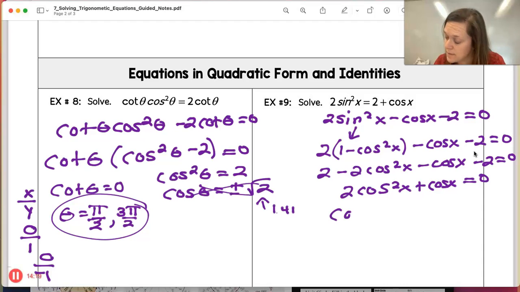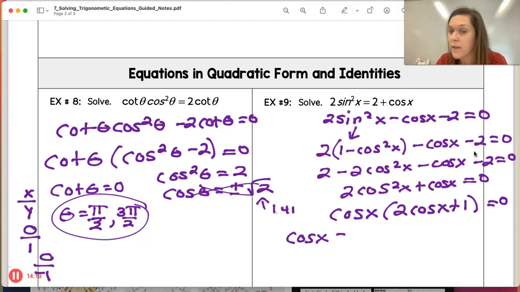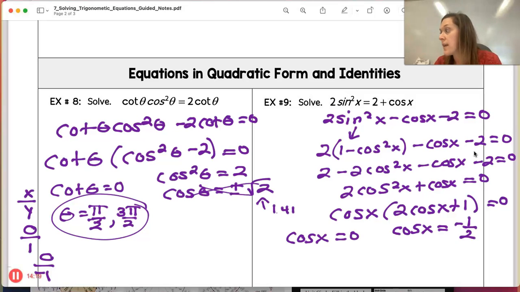Factor out a cosine. Gets you 2 cosine x plus 1 inside. So now using your zero product property, we need to find when the cosine of x is equal to 0, and when the cosine of x is equal to -1/2. So using again your unit circle, my cosine is 0 at the y-axis, so at pi over 2 and at 3 pi over 2.